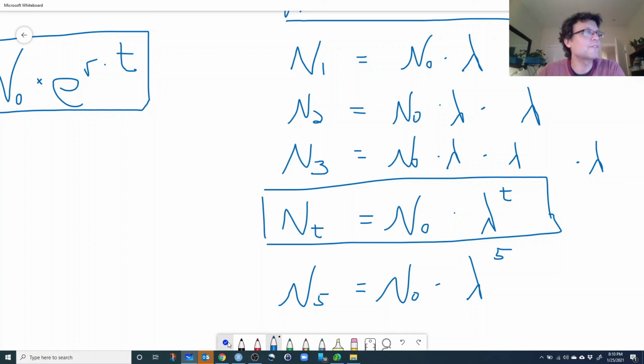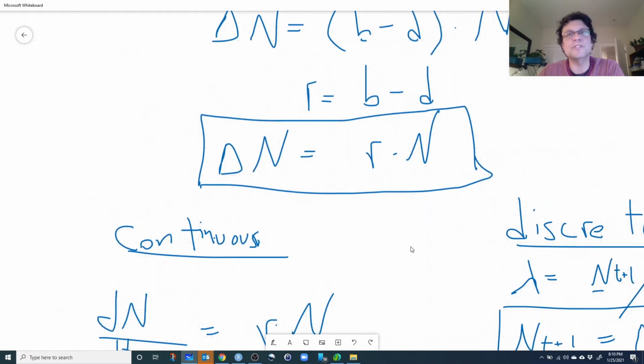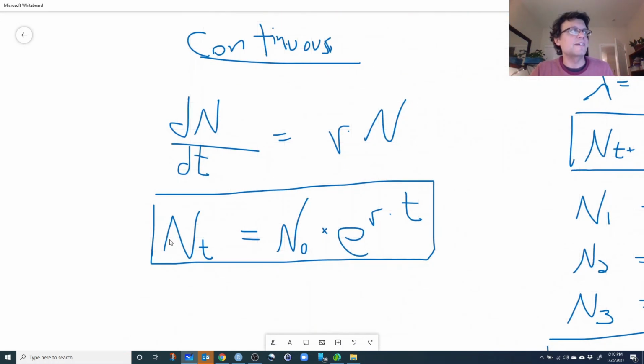So now you have how many equations? 4 equations here that I would like you to commit to memory. They're fairly simple. Hopefully it's not going to be too burdensome to commit these to memory, but they're really, really that important. So here's the change in population size is equal to the intrinsic rate of population growth times n. You have the population size at time t is equal to the initial population size times e, the base of the natural logarithm, to the power of r, intrinsic rate of population growth, times t.